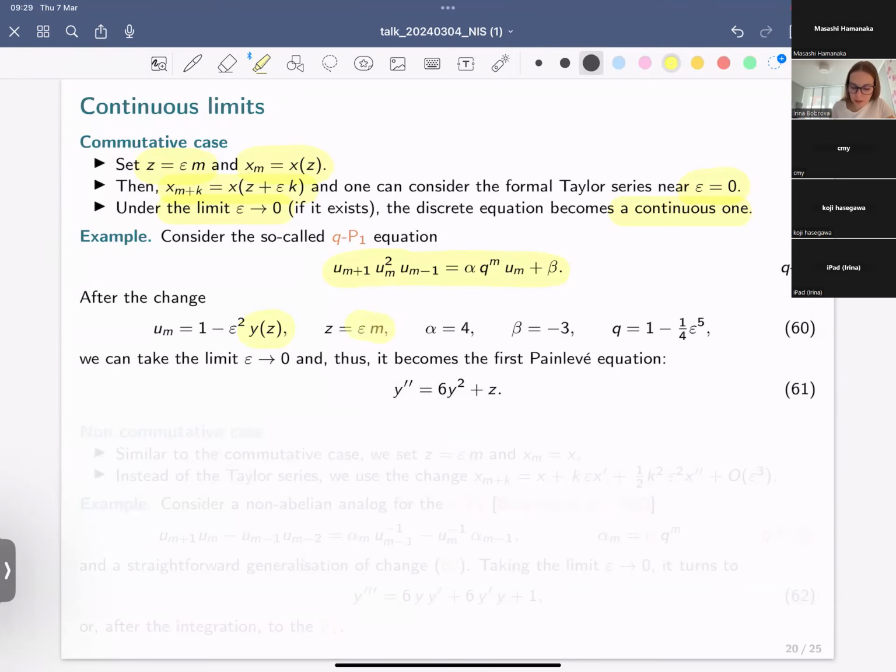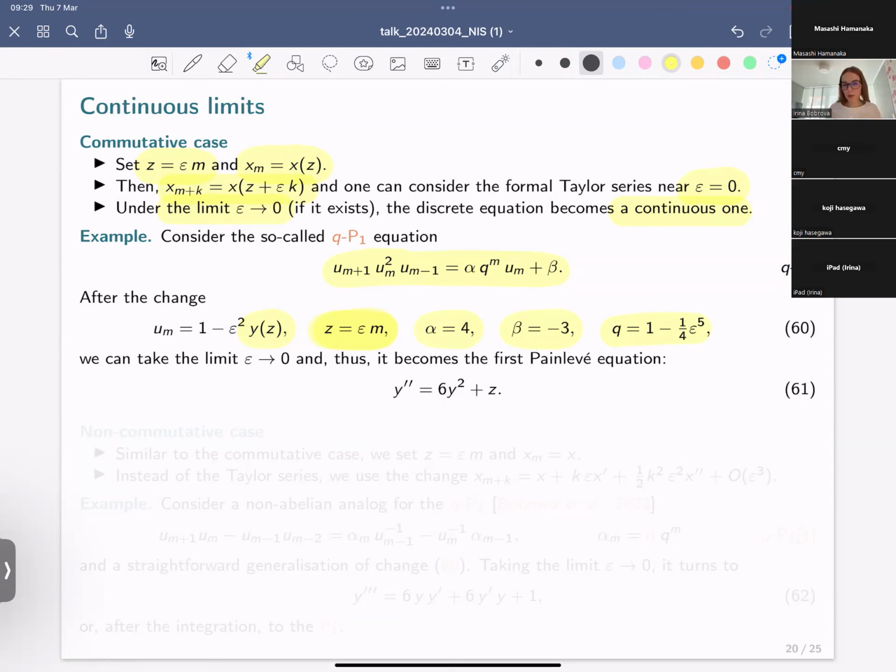We set z as here. And in order to take a limit, we need to set this parameter alpha to be 4, parameter beta to be -3, and introduce this change for the parameter q.